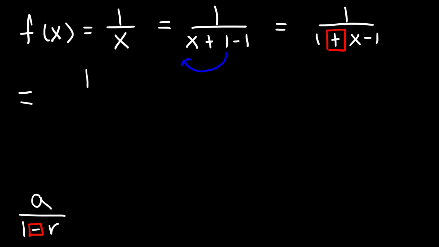The best way to do that is to factor out a negative 1 as your greatest common factor. If we take out a negative from positive x, we're going to get a negative x. And then if we take out the negative sign from negative 1, it changes to positive 1. And so this is what we have. So now it's in the right form.